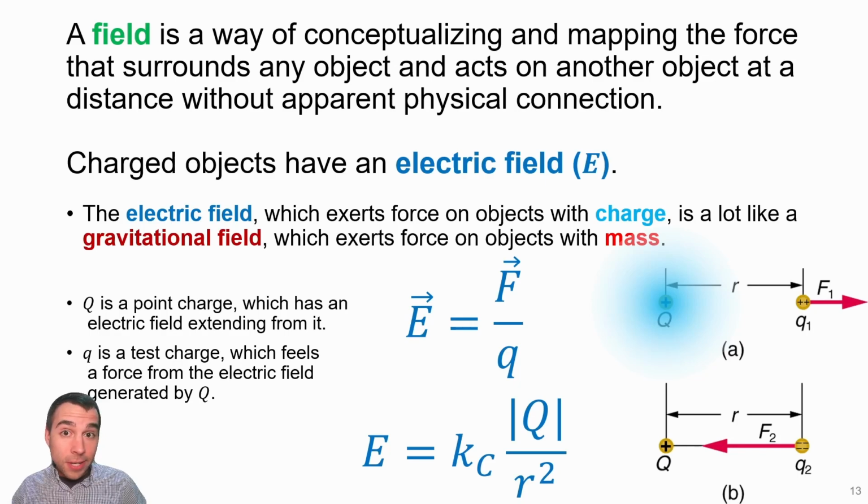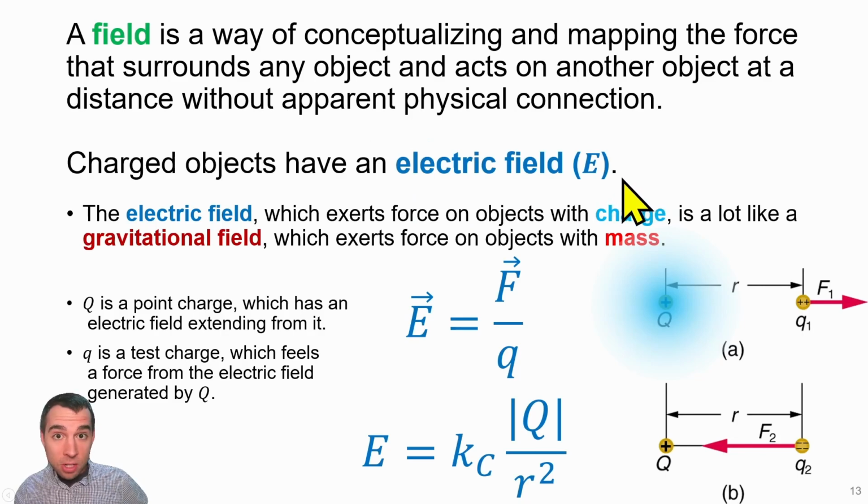A field is a way of mapping out the forces that would be felt by an object within that field. So we have examples of fields like the gravitational field of the sun or Earth. Those are fields in physics. But another type of field that we have in physics class is an electric field.